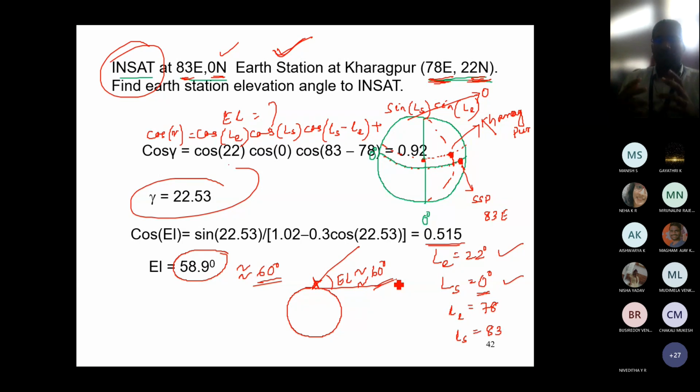If you see, our country India is present in a very good place, so that even when we are constructing so many buildings, or even if some trees are present, the television signal is still not interrupted, because the antenna is looking at an elevation angle of 60 degrees.